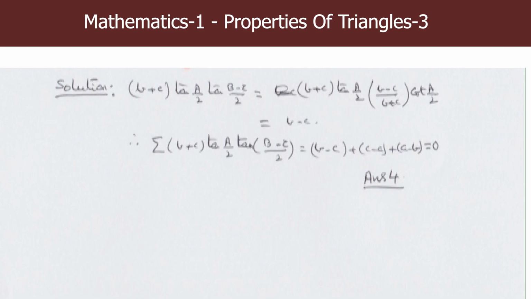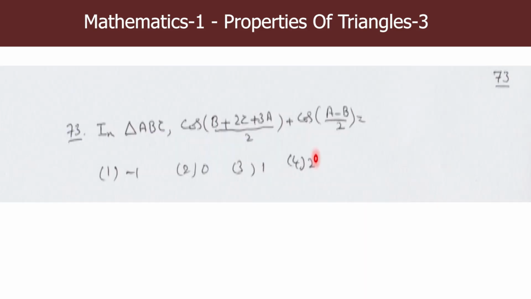Napier rule is nothing but in any triangle, tan (A − B)/2 is equal to (a − b)/(a + b) into cot C/2. So using Napier rule, (b + c) tan A/2 into tan (B − C)/2 gives (b − c) cot A/2 times tan A/2. So the sum is equal to (b − c) + (c − a) + (a − b), which is 0. So the correct option is option number 4.